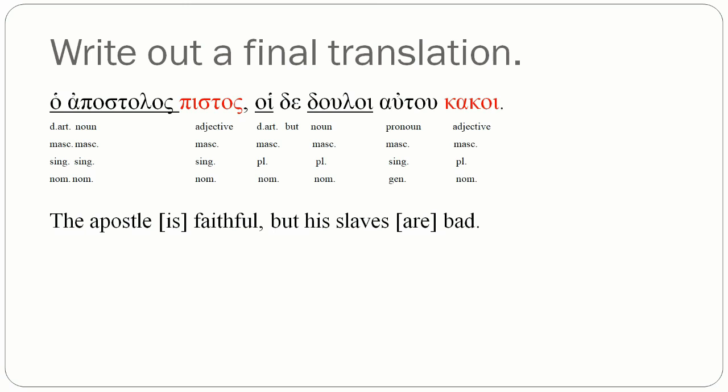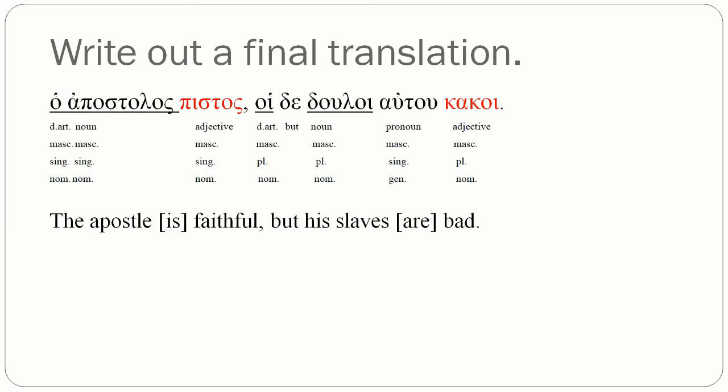Second clause, okay, let's translate de first. But hoi douloi autou, the slaves of him, or his slaves. Kakoi, notice this is also outside of the article noun grouping, just like ha apostolos pistos.